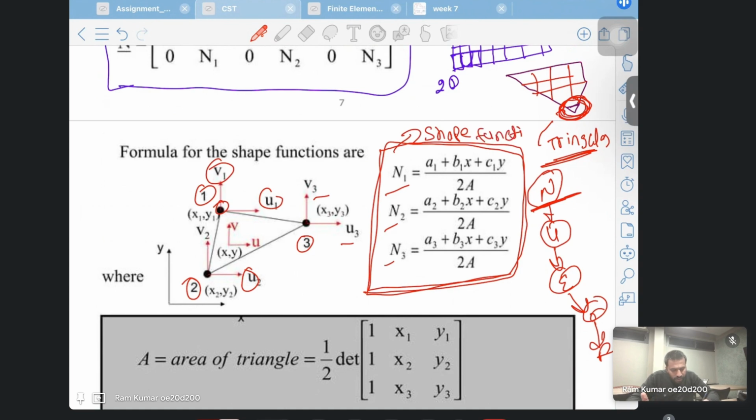One doubt, sir. How have we written the value of N1 as (A1 plus B1x plus C1y) by 2A? Can you explain that one, sir? That's why I'm telling you, this is a very long derivation. Okay, sir, I will go through it. First we have to assume how we are finding it.